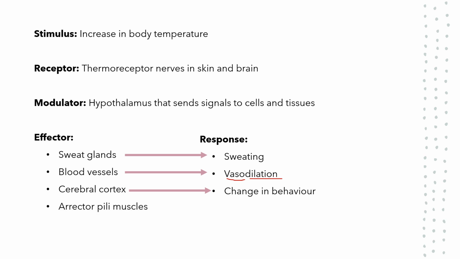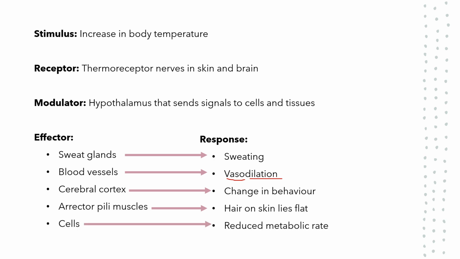Another effector might be the erector pili muscles. This helps your hair lay flat on your skin, and so this allows more air to pass over your skin. Another effector could be cells, and this could reduce the metabolic rate. So this is reducing the amount of heat produced by your body by reducing the amount of energy that is produced in general by your cells.